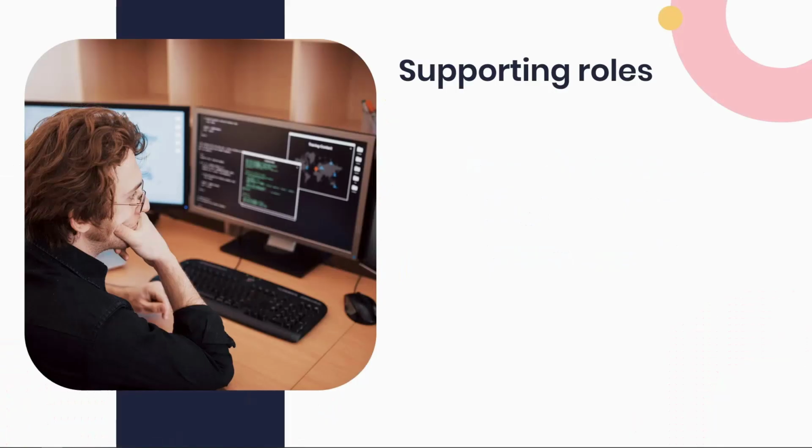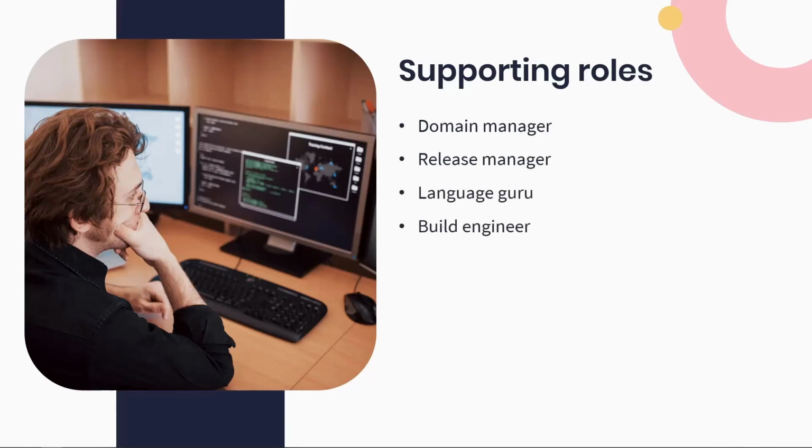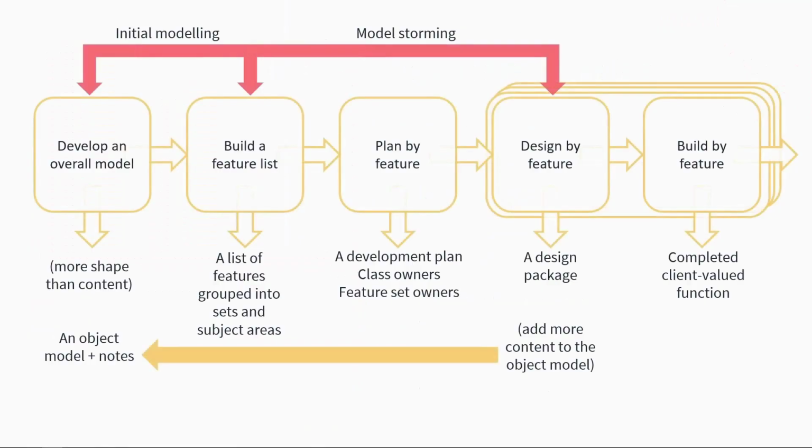Supporting roles are the following: the domain manager, release manager, language guru, build engineer, toolsmith, system administrator, testers, developers, and technical writers. This diagram summarizes the process that FDD follows.